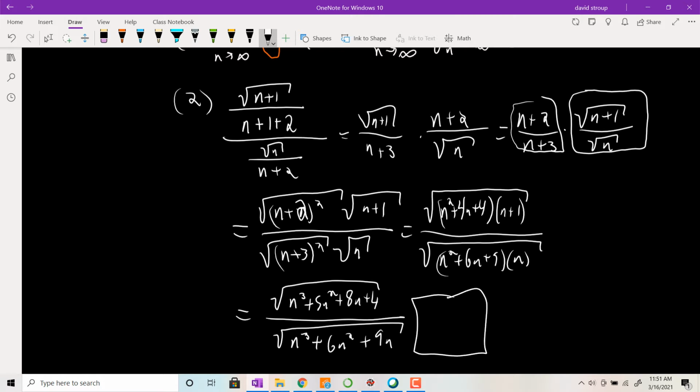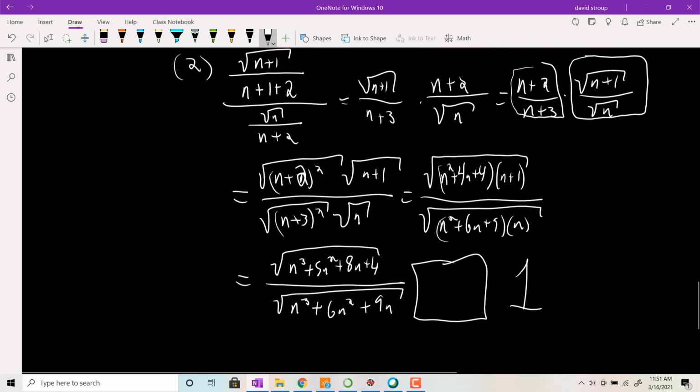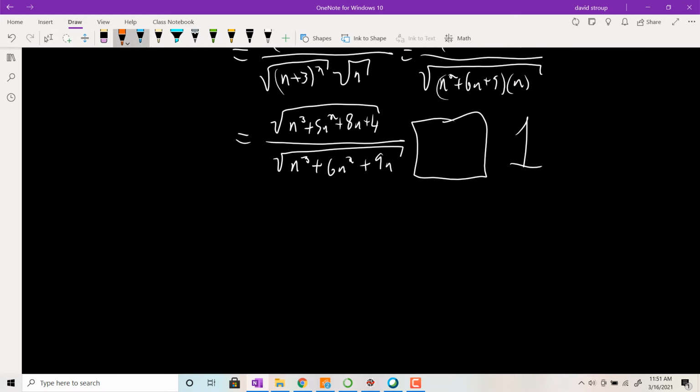And then to show it's less than 1, you just need to show that the polynomial in the numerator is less than the polynomial in the denominator for n values greater than or equal to some n value like 1.